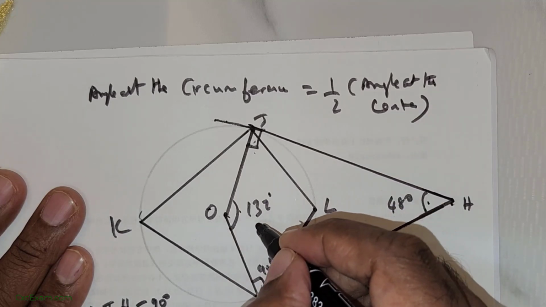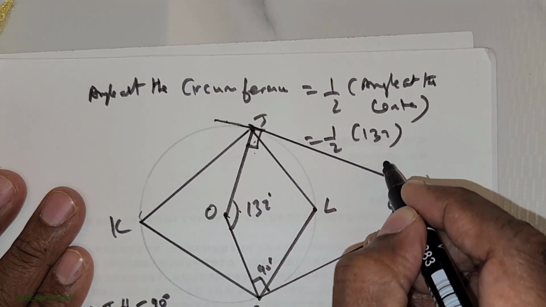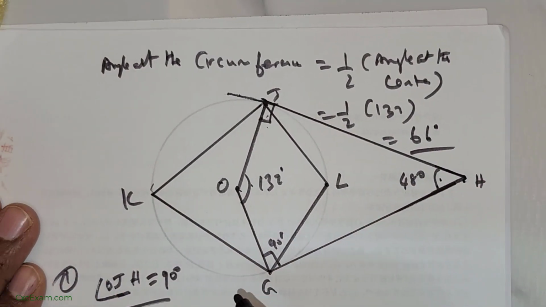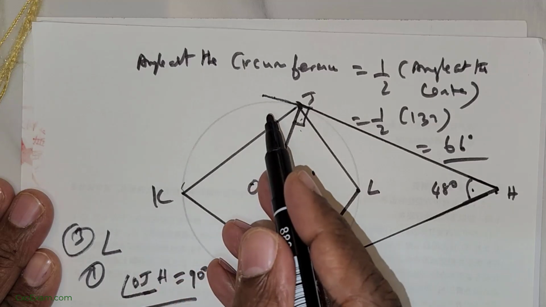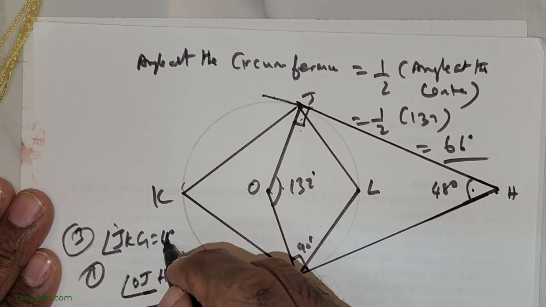So what is the angle at the center? 132. So you divide by 2, 66 degrees. So question number 3, JKG is equal to 66 degrees.